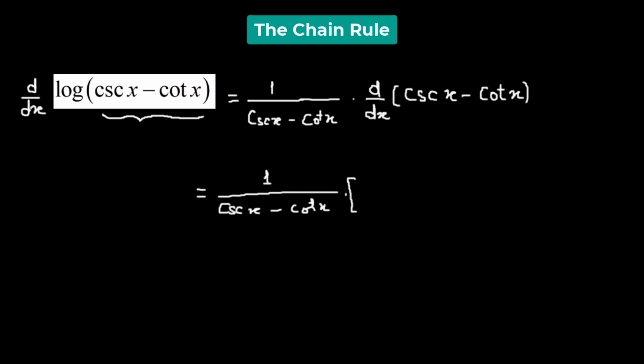Now, the derivative of the cosec x function is negative cosec x times cot of x, minus the derivative of the cot function, which is negative cosec squared x.